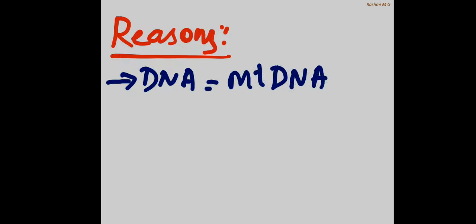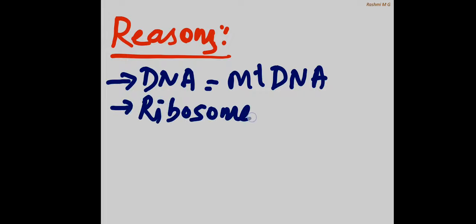They also possess their own ribosomes. If there is a ribosome, it is evidently said that they synthesize their own protein, so they are not dependent on the nucleus or cytoplasmic ribosomes.